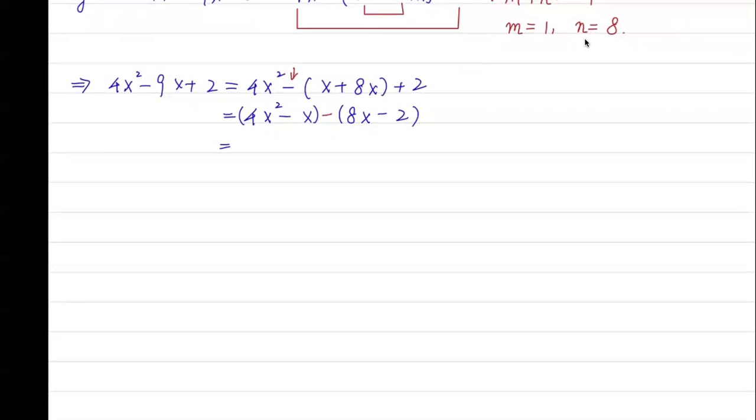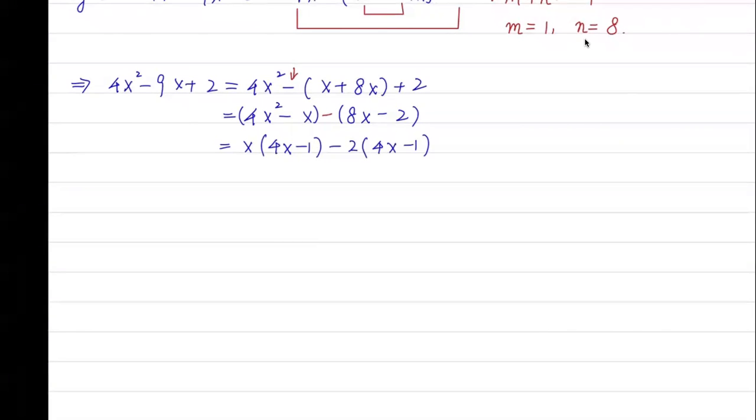So 4x squared minus x, the common term of this binomial is x. So we take one x out, and the remaining part in the brackets should be 4x minus 1, right? Minus 8x minus 2. The common factor of these two terms should be 2. So we factor 2 out, and the remaining part in the brackets should be 4x minus 1.